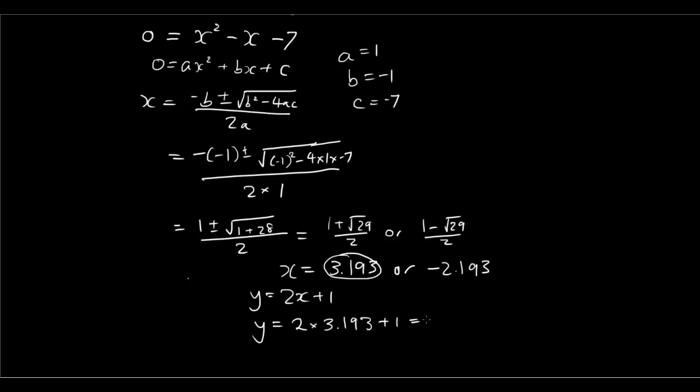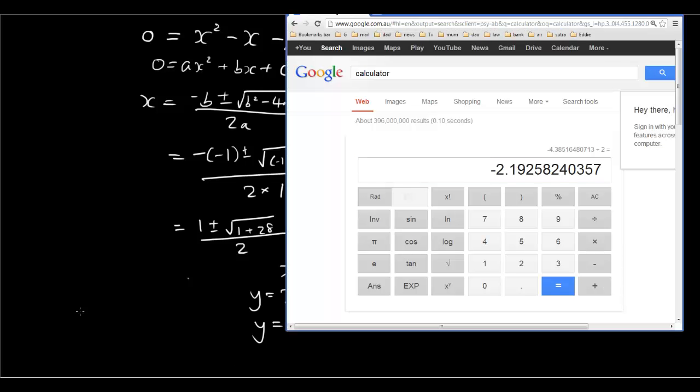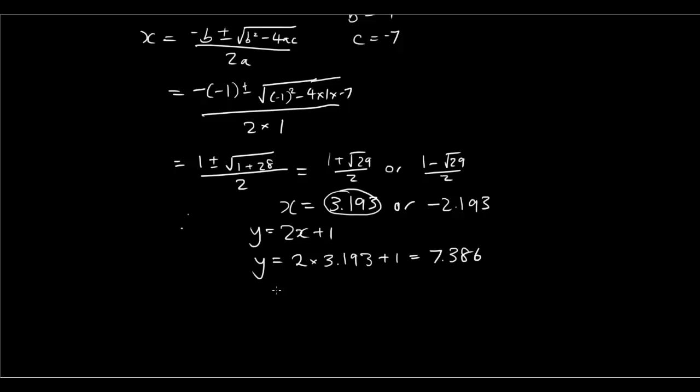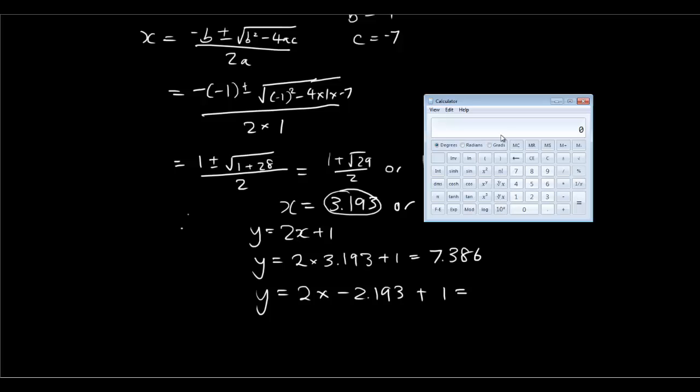So y is 2 times 3.193 plus 1, which is 7.386. And then the second one is y equals 2 times negative 2.193 plus 1. So putting that in the calculator, which is 0.807.